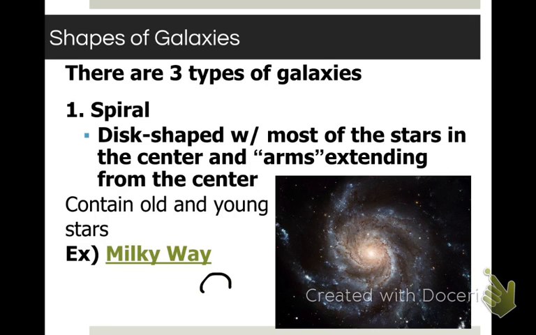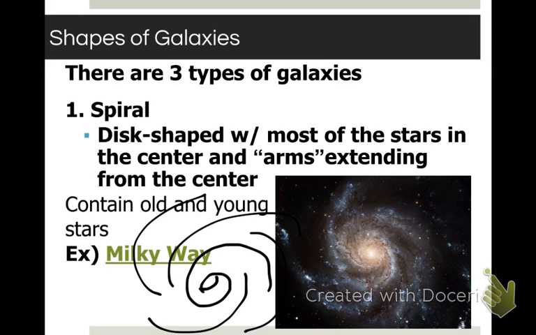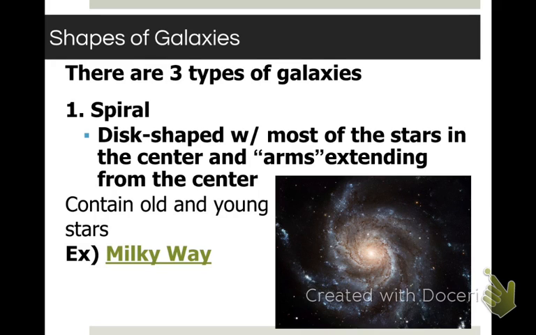If you wanted to draw that, you could just draw a little squiggle and then little lines off to the side. So you've got your spiral galaxy arms extending out from the center, and it just goes around and around and around. This is what the Milky Way is, so a lot of times you do see questions about that simply because we live in the Milky Way.